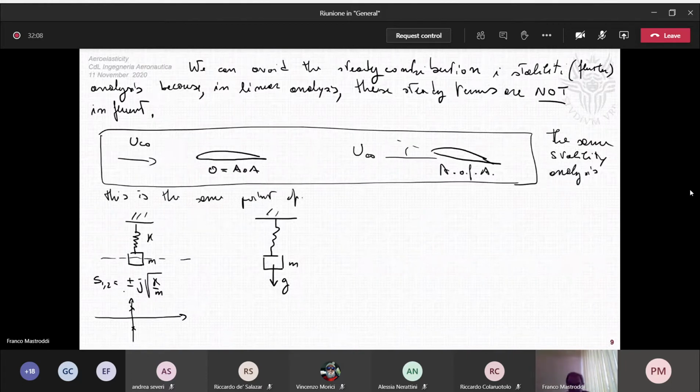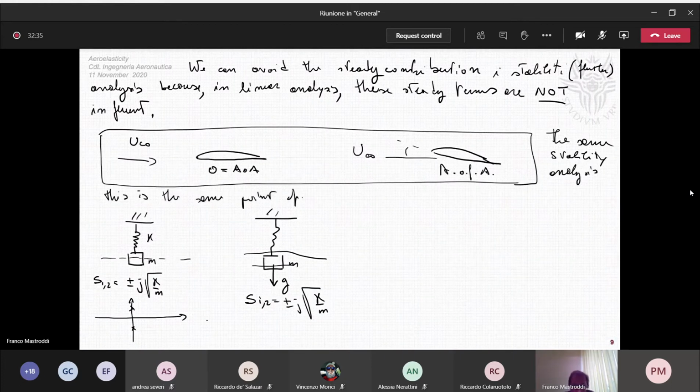a harmonic oscillation. If you include the gravity, you are able to change your reference steady solution or stationary solution, but the oscillation around the new steady solution is exactly of the same type with the same poles, just equal to plus minus j square root of k on m.